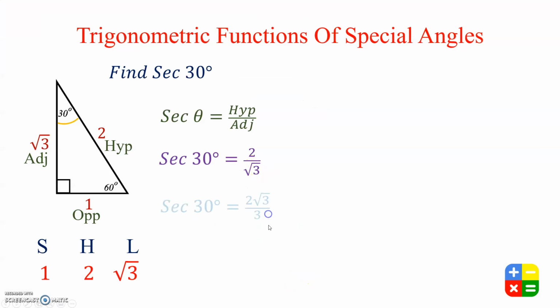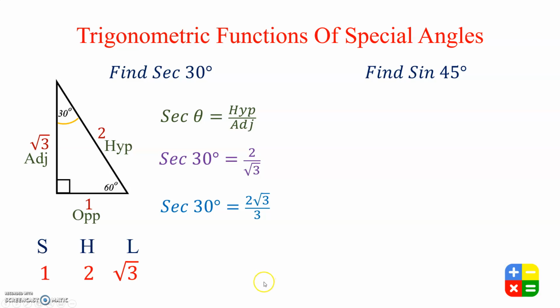So we were able to determine the secant of 30 degrees without using the calculator with any of the trig functions. Yeah, the calculator assisted us with simplifying, but we were able to do the trigonometry without using the trigonometric functions on the calculator. We'll do one more example.